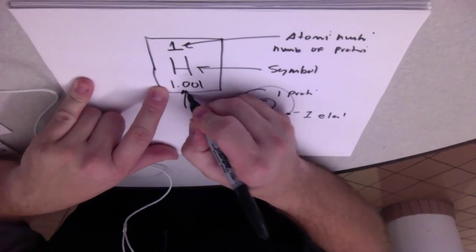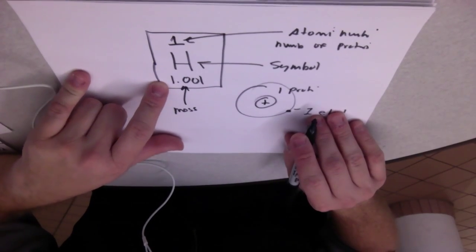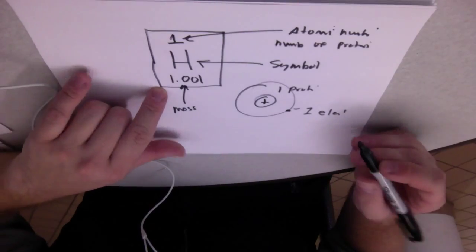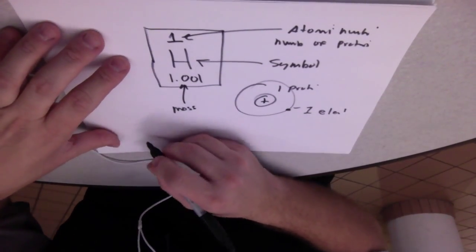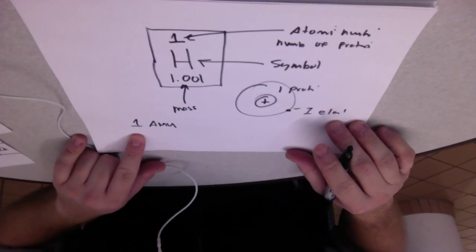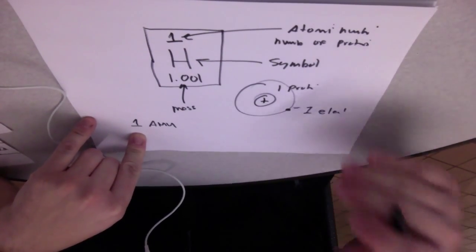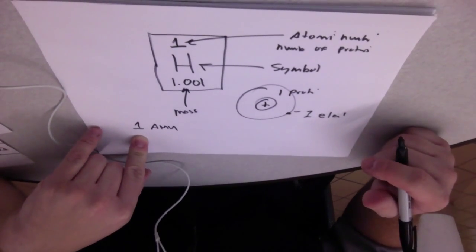This is called the atomic mass, or the atomic weight, and this tells us the average weight of all the different types of hydrogen. And if you compare a proton to an electron, the proton has what we call 1 AMU, or atomic mass unit, okay, per proton, and neutrons as well. Neutrons have almost the same exact mass as a proton.